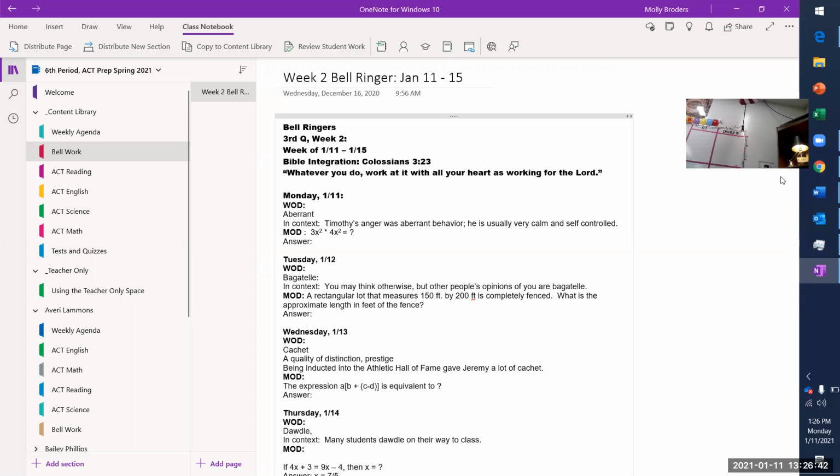Before we dive into bell ringers, and Hunter, this is for you. There are 2 textbooks that go for this class, and make sure that if you have not ordered these yet, you go ahead and order them. This is the love of science, and both the pictures of these are on your OneNote underneath your weekly agenda, and it says pictures of textbooks. This is the English book, and then this is the science book.